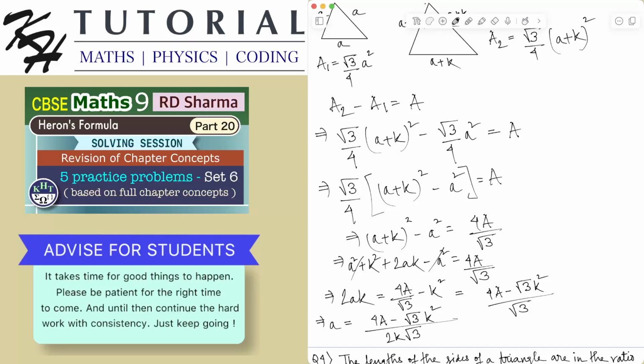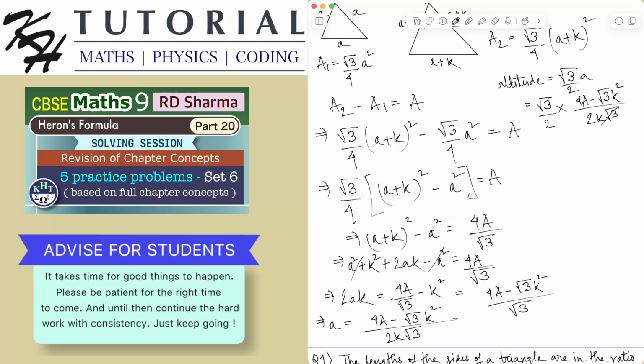Now altitude, we know altitude is equal to square root of 3 divided by 2 small a. So this is equal to square root of 3 divided by 2, and small a is 4a minus square root of 3 k square whole divided by 2k multiplied by square root of 3.